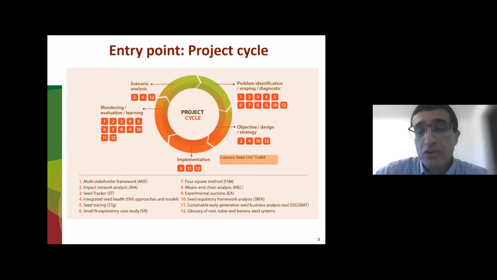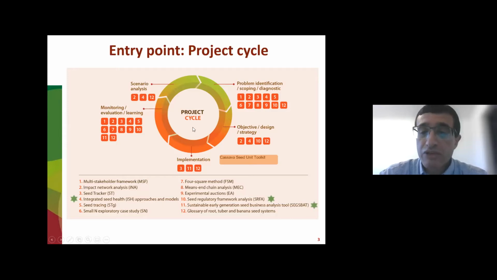Another entry point for using our tools, for selecting the tools, is the project cycle. So here you can see that we are going to describe today number 4, the integrated seed health approaches and models. And you can see that this tool can be applied for problem identification, scoping and diagnostic, also for objective design and strategy, for monitoring and learning, scenario analysis.